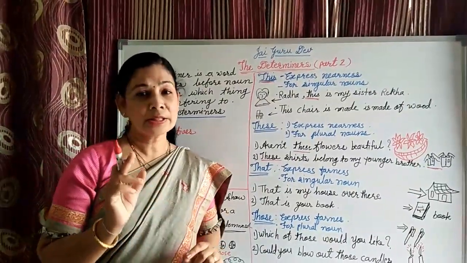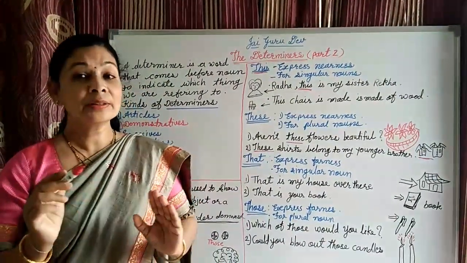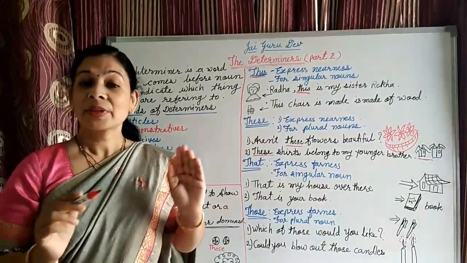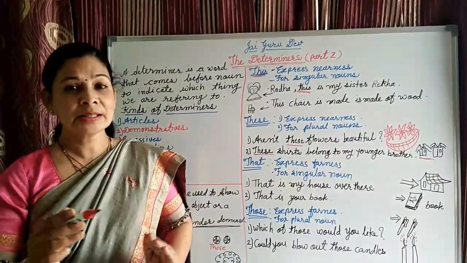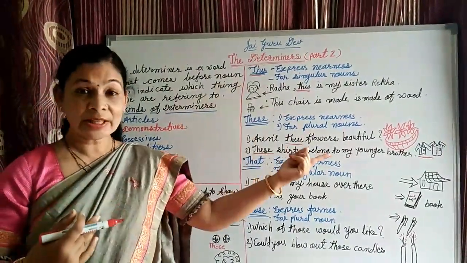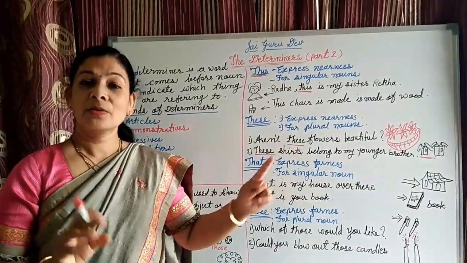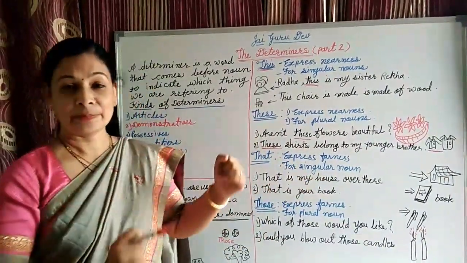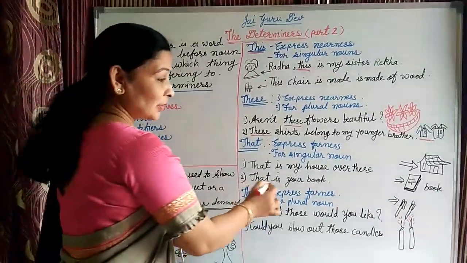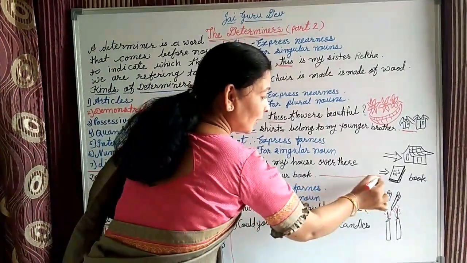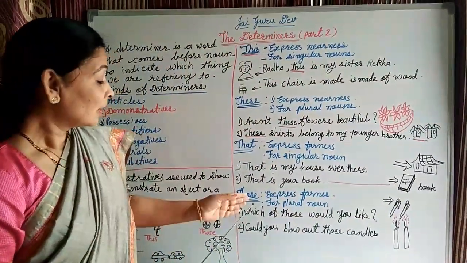The only difference between this and that is this is used for things near me and that is used for things far from me. That is your book. The book is far from me.